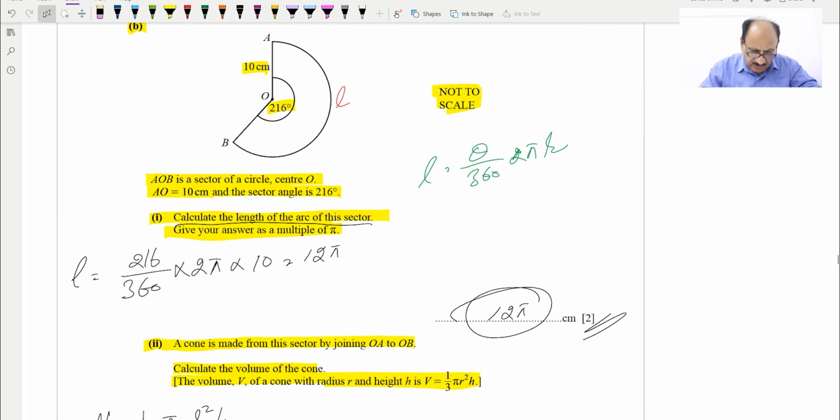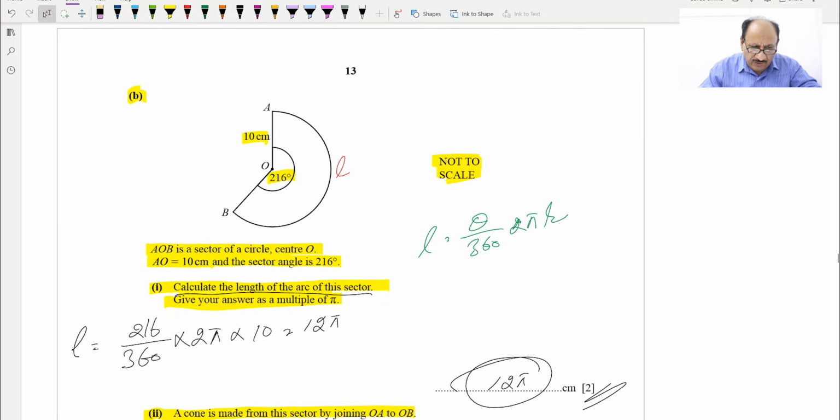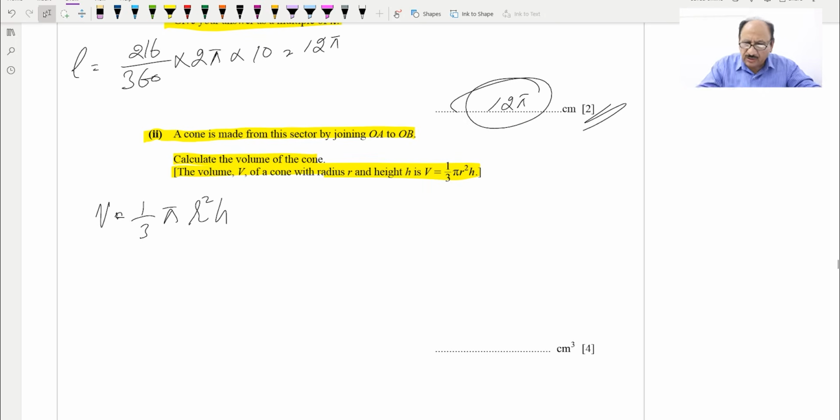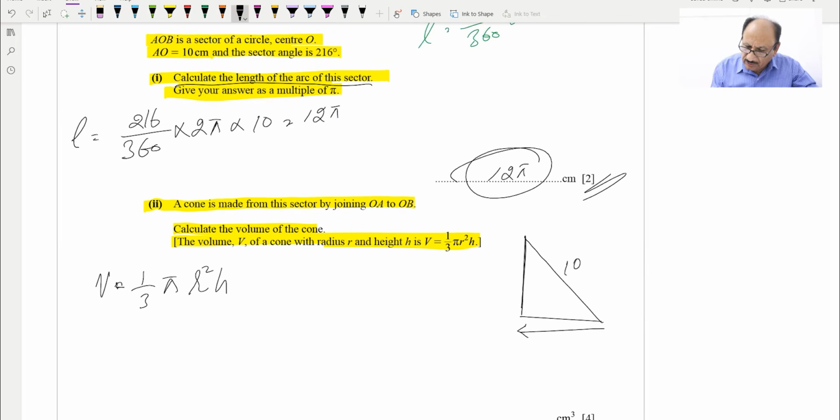But the thing is that h we don't have. This 10 will be the slanting height, and I'll have to explain how. If I take a smaller triangle, this will be the triangle, and the slanting height will be 10. So we require this r value, and we can calculate the r value.